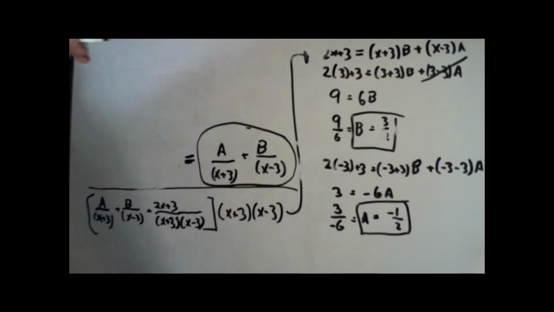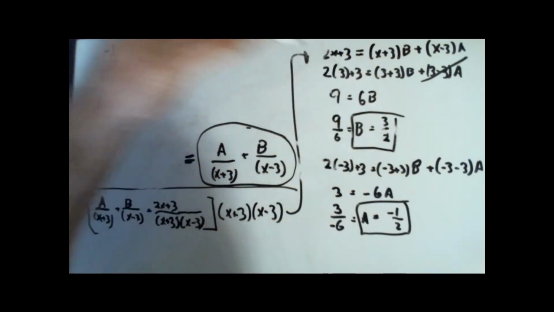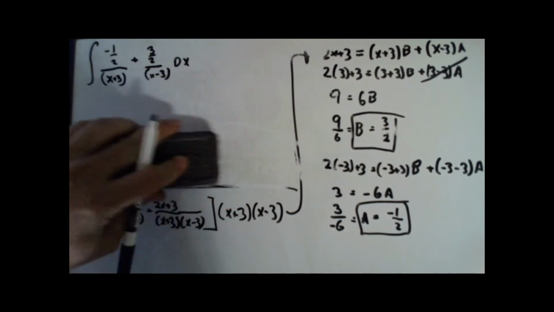So A is negative 1 half over x plus 3 plus B. Oh, I'm sorry, B's value is 3 halves. That's going to be 3 halves over x minus 3 dx integral.